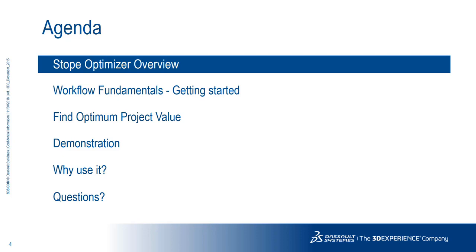We'll jump to Sepik and have a look at what the optimizer looks like in Sepik. We'll come back to the presentation and have a look at the benefits of why you would use it. Why would you want to have it in your suite of underground tools? And we'll finish off with questions. As mentioned, please type in questions as we go. We'll compile them and save them to the end of the presentation just to use our time more efficiently.